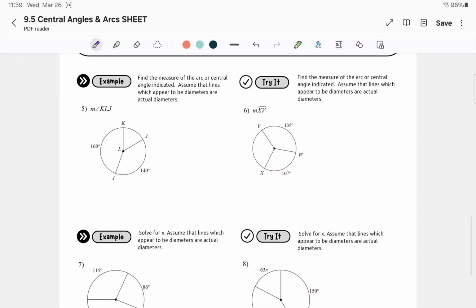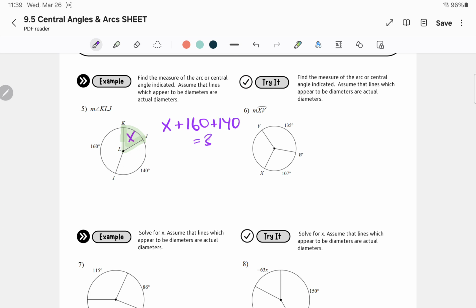So number 5, we're finding the measure of the central angle KLJ, which is this central angle. So just highlight the whole pie piece. So we don't know what that is, but we know that x plus this whole pie piece is 160, this whole pie piece is 140.